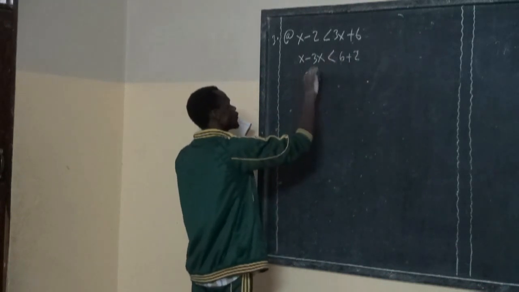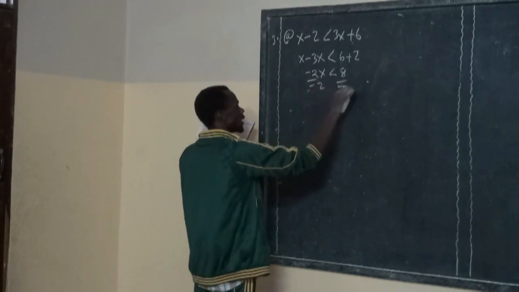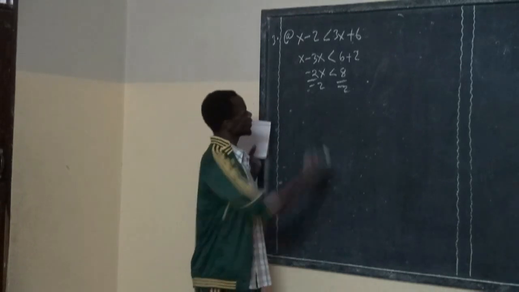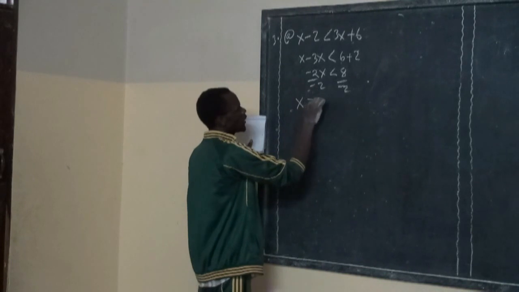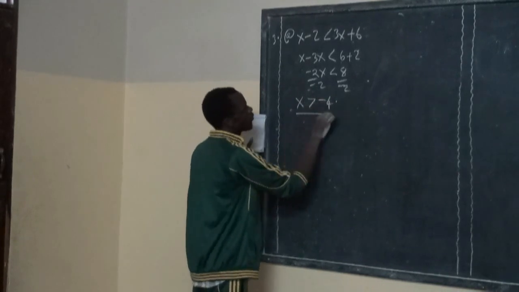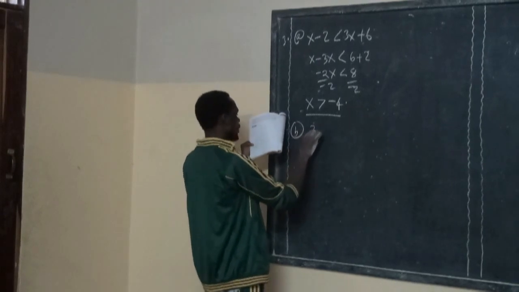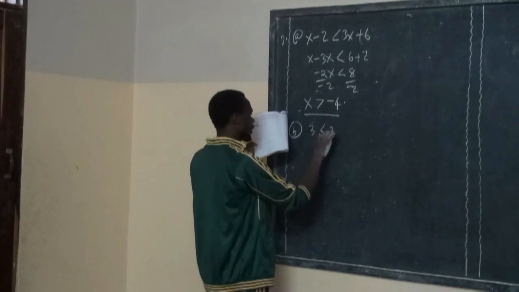Now here you have negative 2x is less than 8. Now we divide by negative 2, we divide by negative 2. Definitely what we said, if we divide by negative, this sign will change. Now x becomes greater than negative 4. That's over.